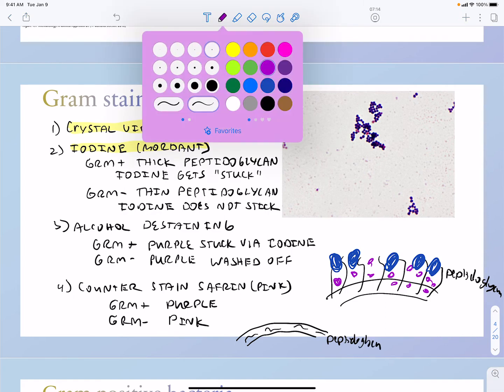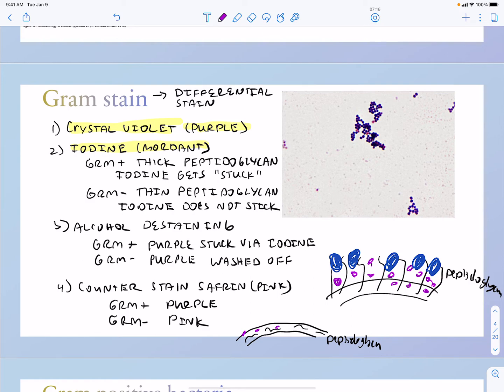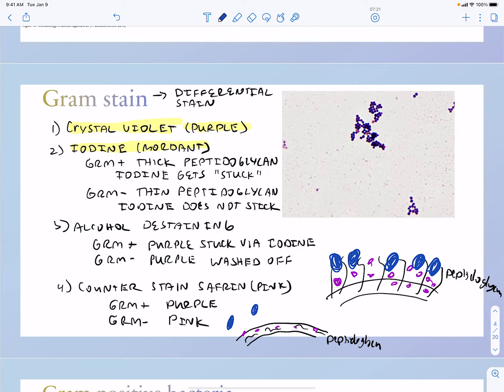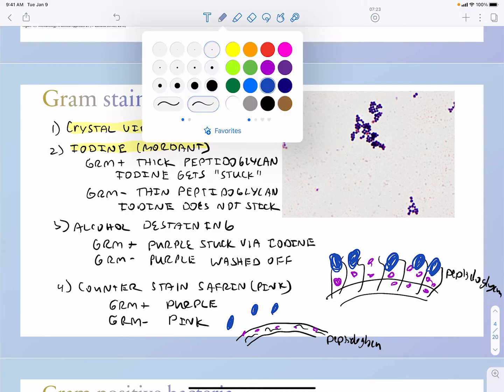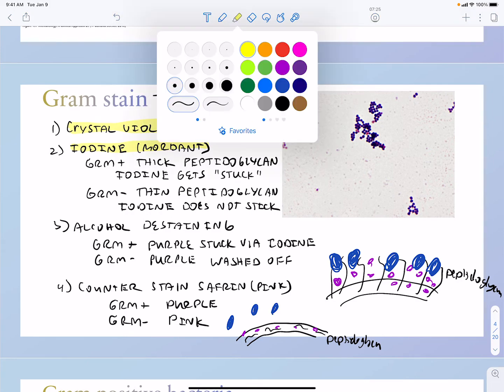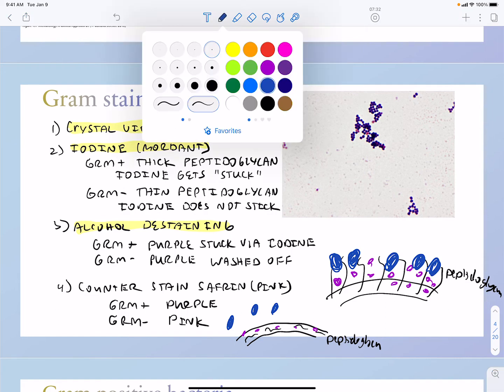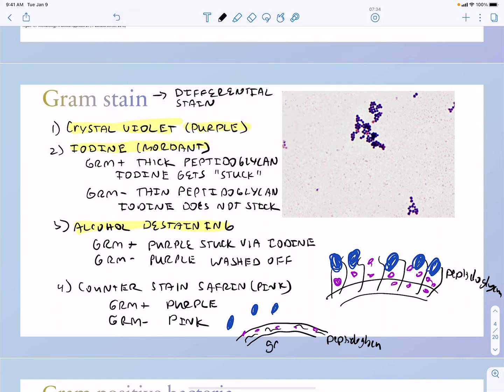And so the purple doesn't really get stuck. The iodine doesn't really stick. And so when you do the next step, which is your alcohol destaining, for a gram-negative, here's a gram-negative, here's a gram-positive, the gram-negative will lose the purple.